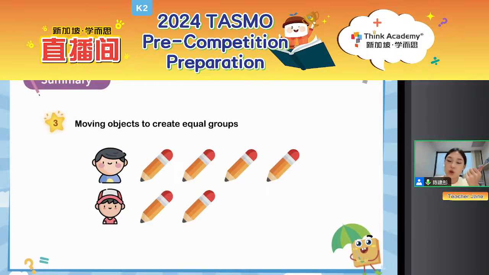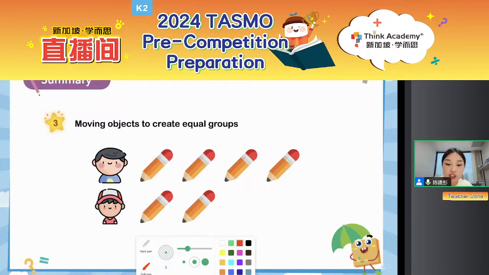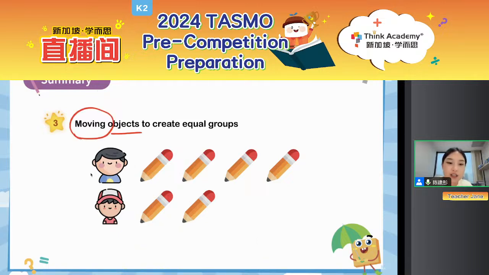You can change the total amount, right? But there are also some questions where we cannot change the total amount. We can only move the objects from one person to another person. So this time we can see we only take away half of their total difference.